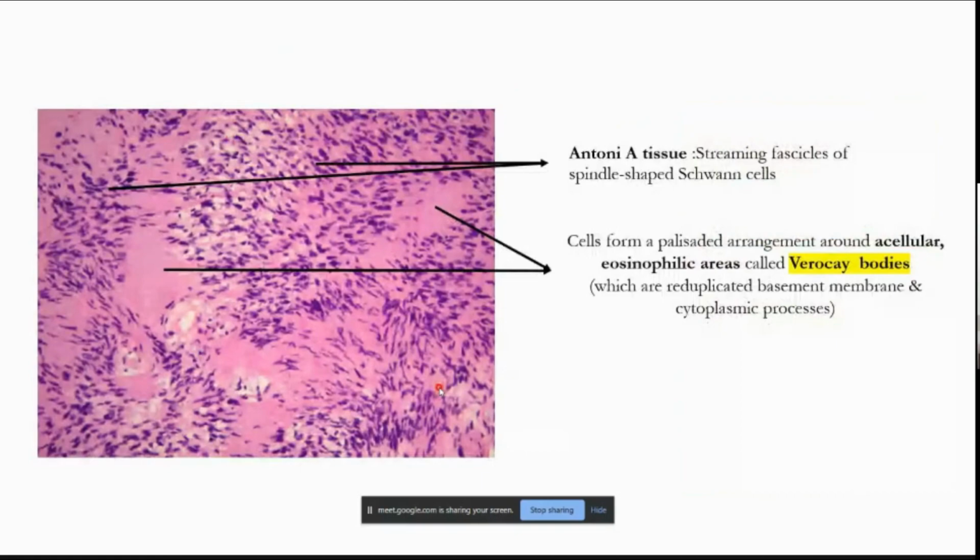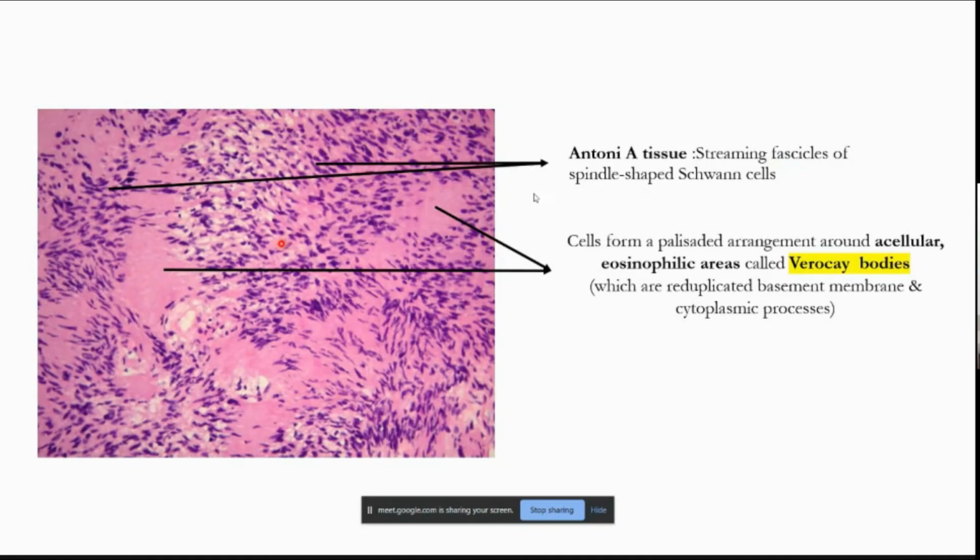Histopathology is very, very unique for a schwannoma or a neurilemoma. Histologically, we see two types of bodies, called Antoni A and Antoni B. They're called bodies or tissue. This Antoni A type is composed of, as you can see in this image, first look at this pink area.